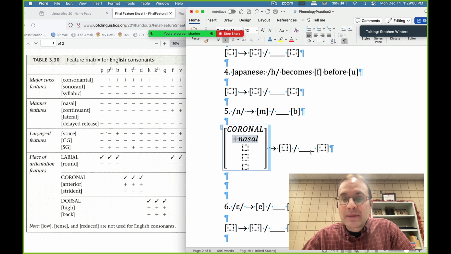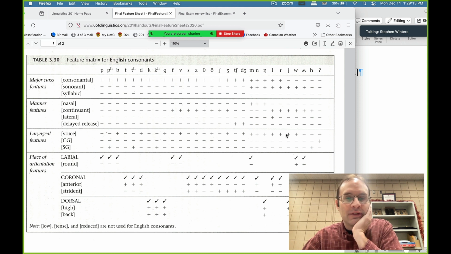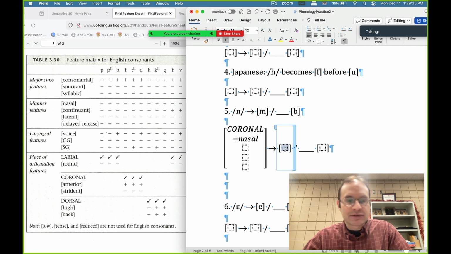We need to make a change. So N changes to M. So what changes, what's the difference between N and M using this feature notation? The placement, like labial or coronal. Yeah, so it goes to labial.